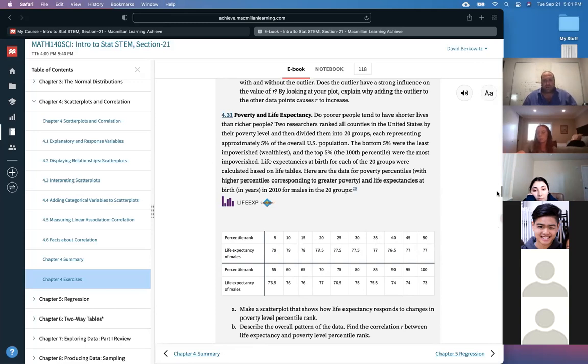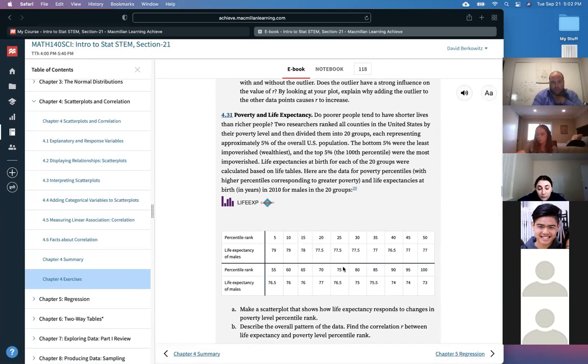The bottom 5% were the least impoverished, the wealthiest, and the top 5% were the most impoverished. Life expectancies at birth for each of the 20 groups were calculated based on life tables. Here are the data for poverty percentiles, higher percentiles is greater poverty, and life expectancies at birth.